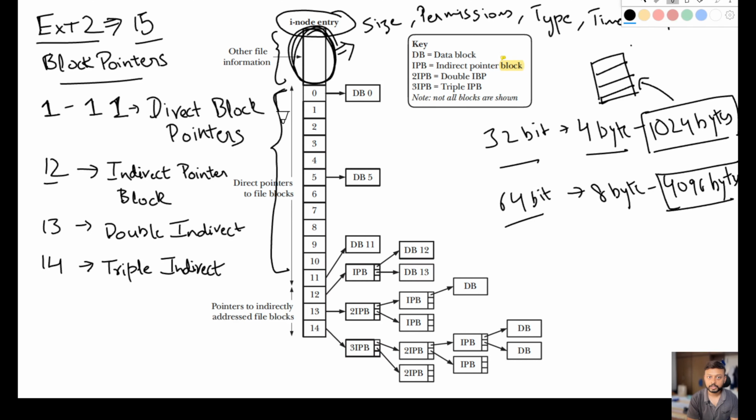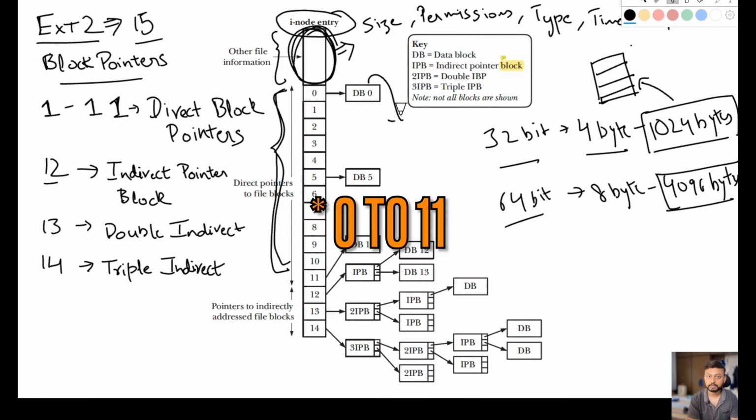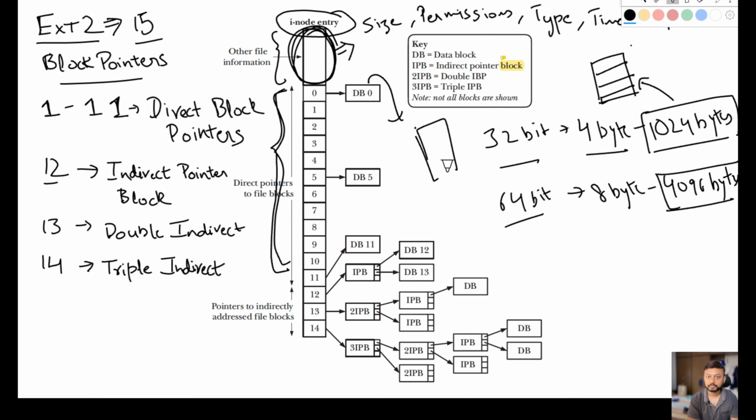Each block pointer between 0 to 10 directly points to a data block that is equivalent to the page size. In other words, each pointer here is pointing to the first address of a physical page.